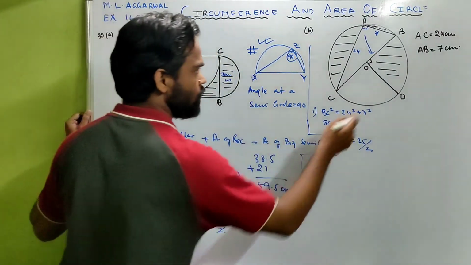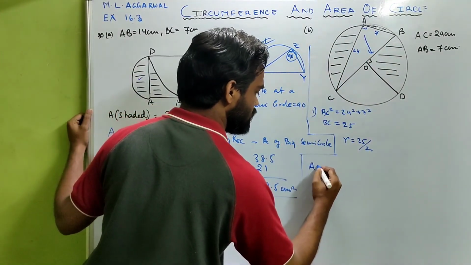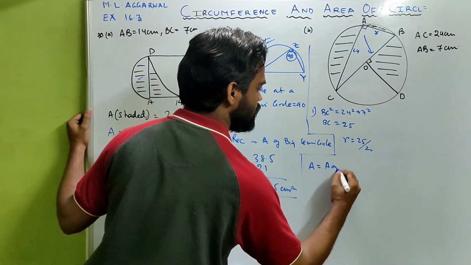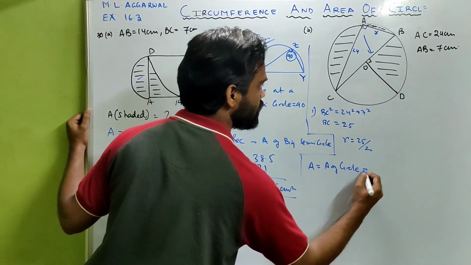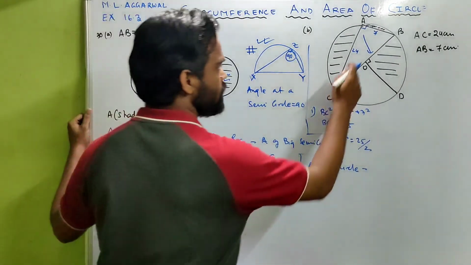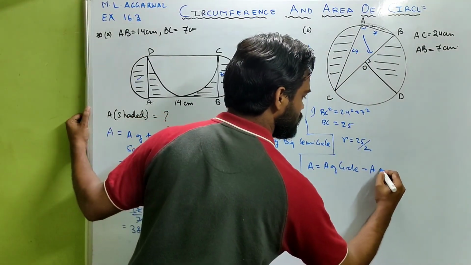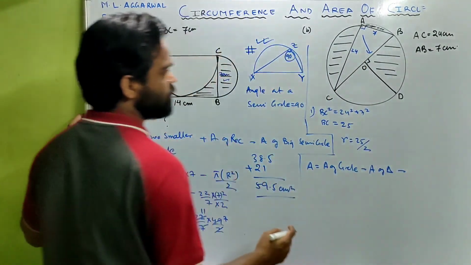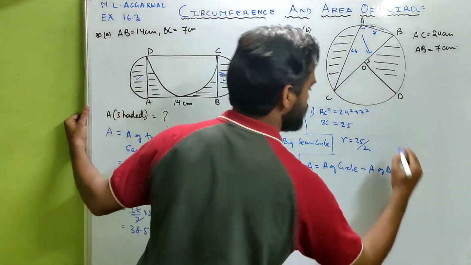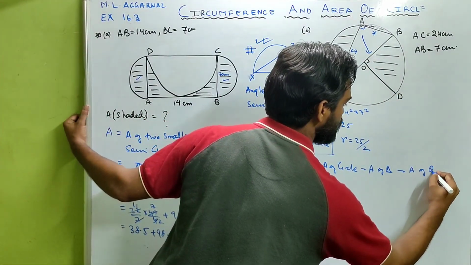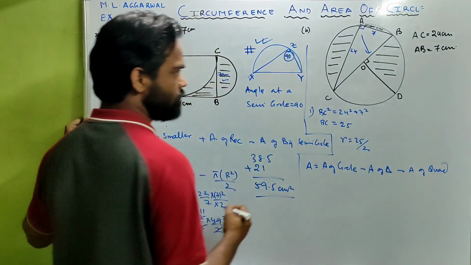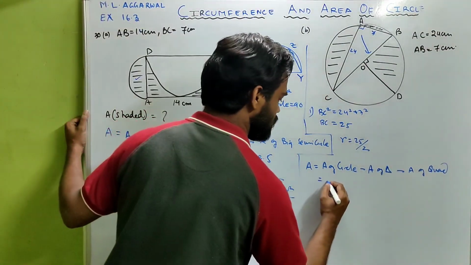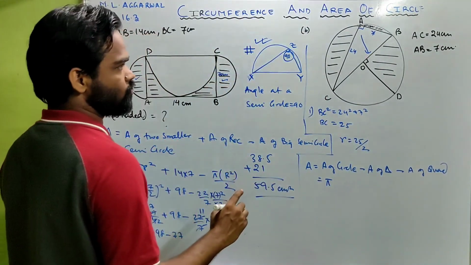So area of the shaded region is nothing but area of the circle minus area of the triangle minus area of the quadrant. So area of the circle is pi r square.